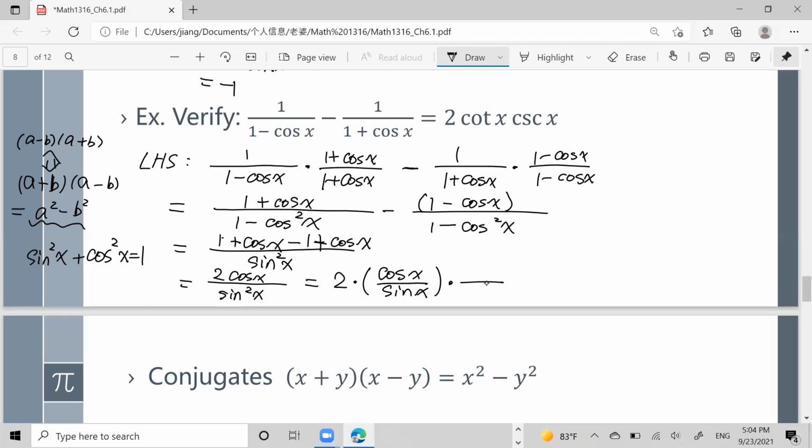Here is a sine x squared, I need to multiply by sine x, and then 2 times cotangent x times the reciprocal of sine x, that's cosecant. So left-hand side equals right-hand side. That means we verified it.